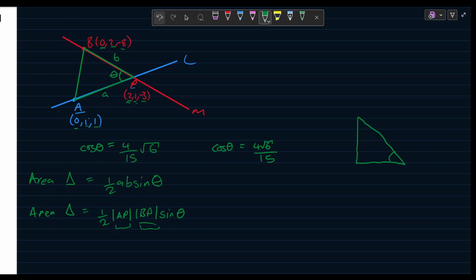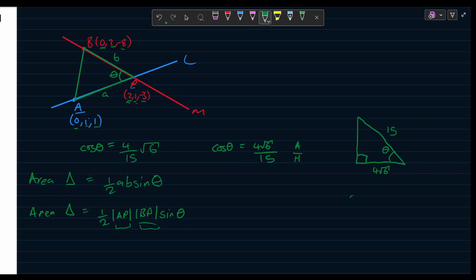Okay, so this would be theta. This is the right angled triangle. Remember that cos theta represents your adjacent over your hypotenuse. So the numerator is the adjacent, so that means this is 4 root 6, and that means our hypotenuse is 15. We need to find the opposite.